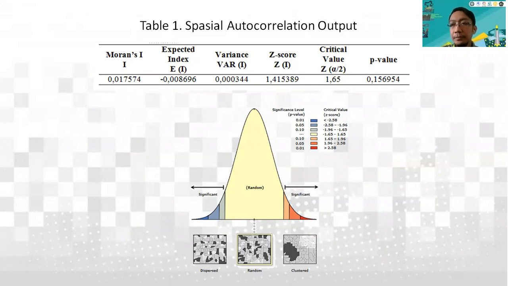This table shows the H0 is effective because the Z-I or Z score is lower than Z alpha per 2. So there is no spatial autocorrelation in the distribution of dengue hemorrhagic fever cases in 2015 to 2018 in Lempake and Sungai Siring. This shows that there is no relationship between DHF cases in the three areas that are the object of the study.